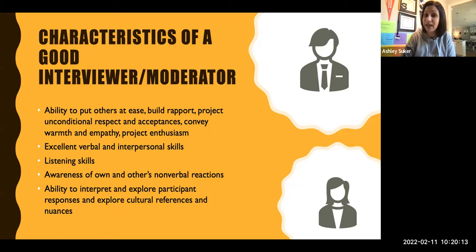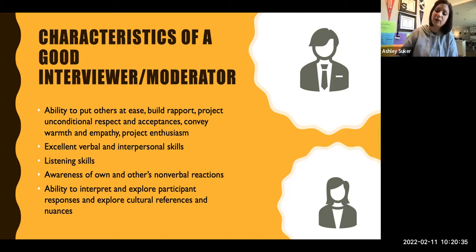Basically, I would be a terrible moderator because I cannot control my face. And then finally, they need to be able to interpret and explore participant responses within the context of culture and societal norms. So this interpret and explore part means they need to be able to think on their feet.